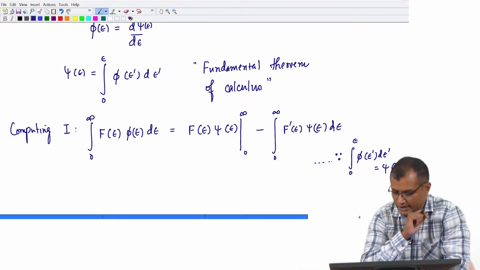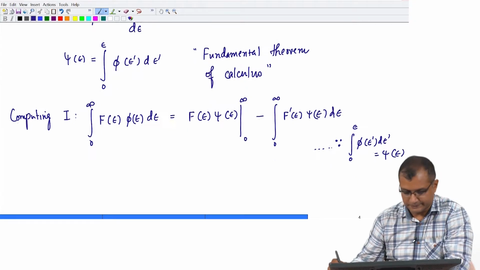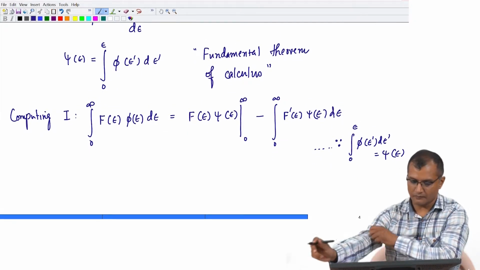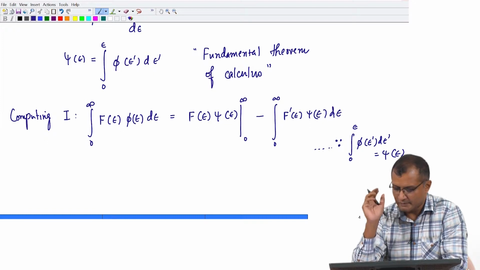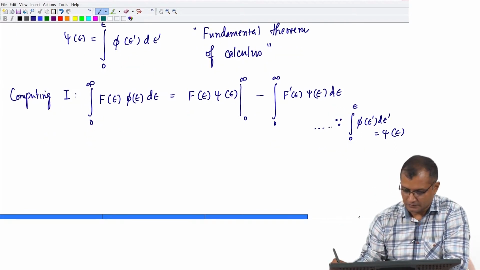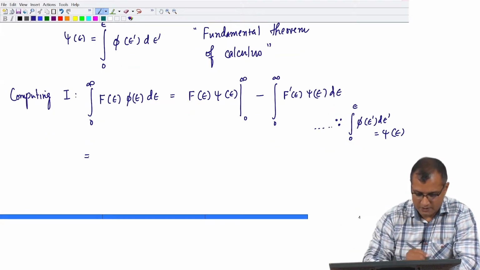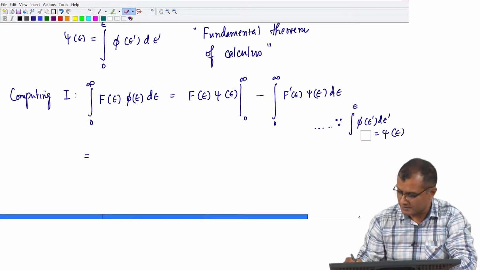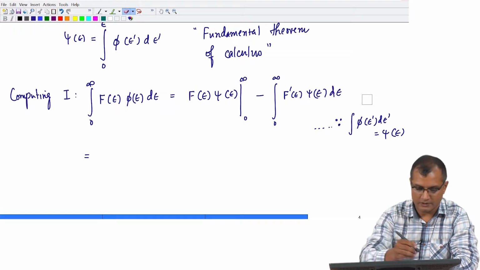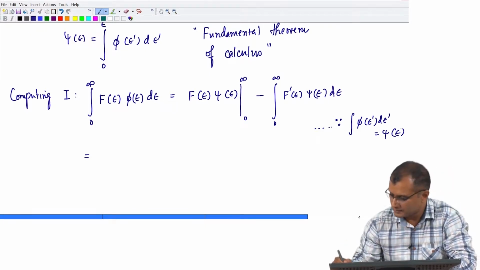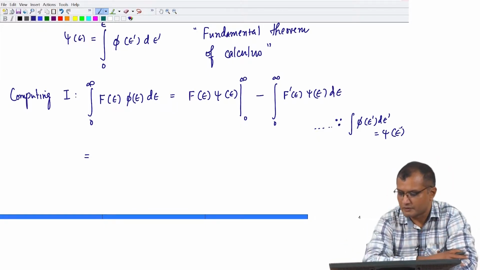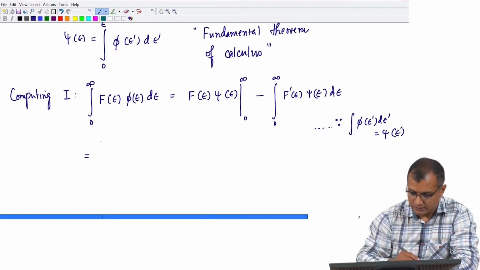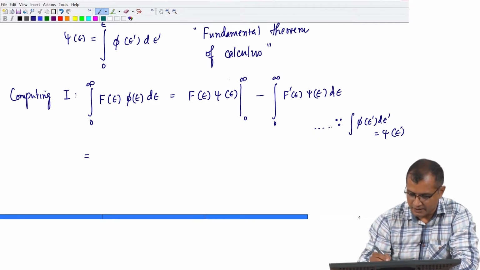Fine. So, then I can simply write down, now this will be a function of E prime. So, that is what I have done, and you can see that the first term here goes to 0.